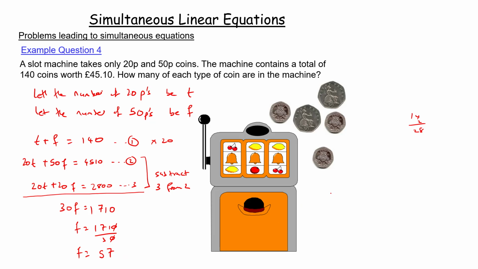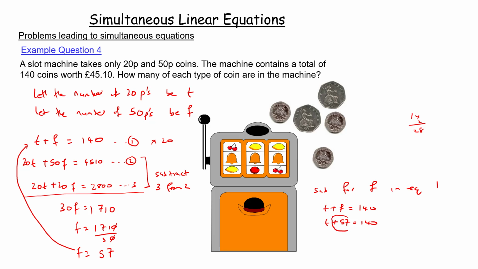And I'm just going to work out the other bit here. So we'll drag this across and sub it in the first equation, which is easier. So sub for f in equation 1. So we got t plus f equals 140. T plus 57 equals 140.